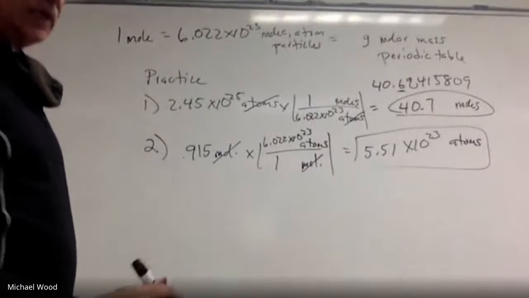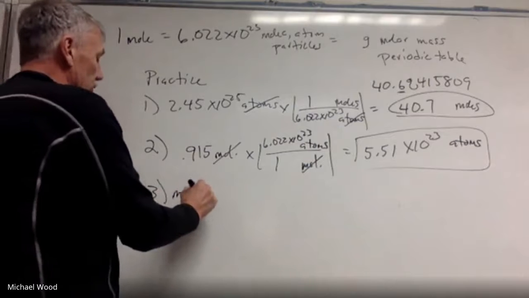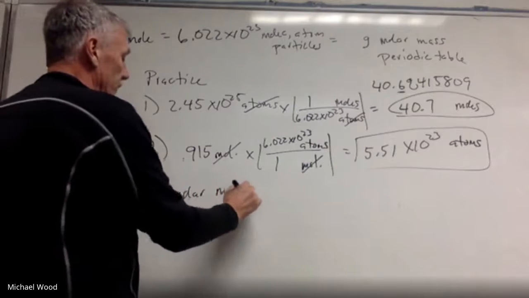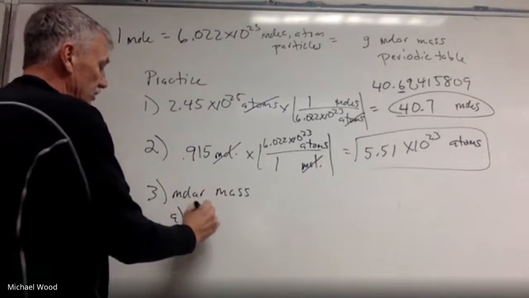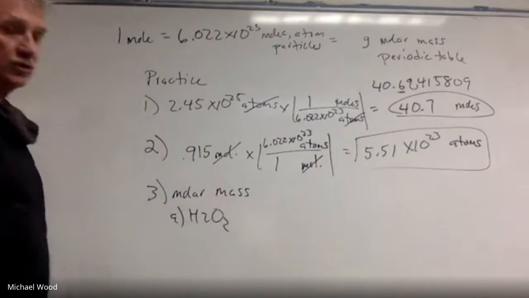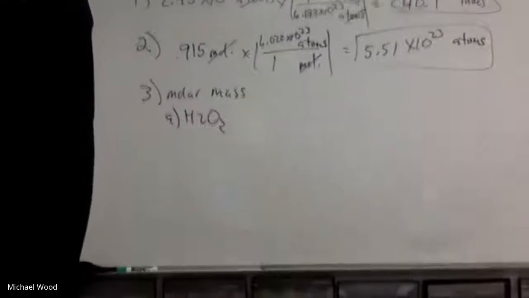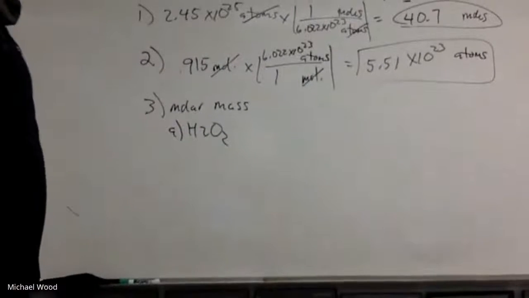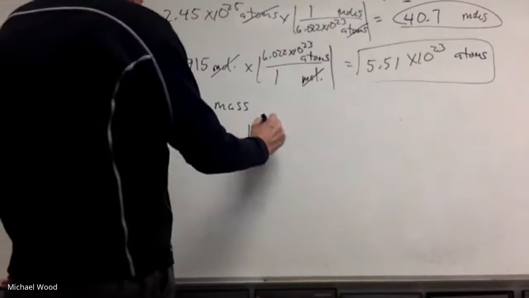Okay, now number 3. So now to find the molar mass, and this is where we use the periodic table. For letter A, H2O2, that is the formula for hydrogen peroxide, which you guys probably have in your homes. Your parents bought it just in case somebody gets a bad cut. So finding the mass, this is where we use the periodic table.